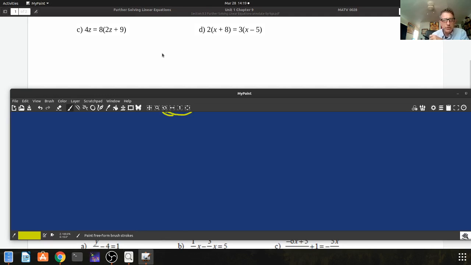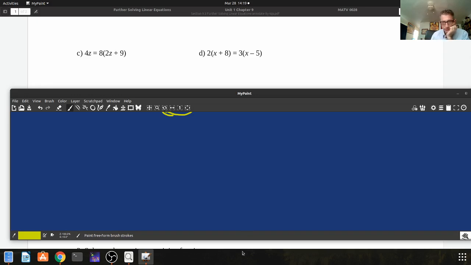Let's do the next one. So I have 4z is equal to 8 times 2z plus 9. Even more important now that I'm using my Wacom Bamboo tablet. So now, remember this is 8 times the quantity.